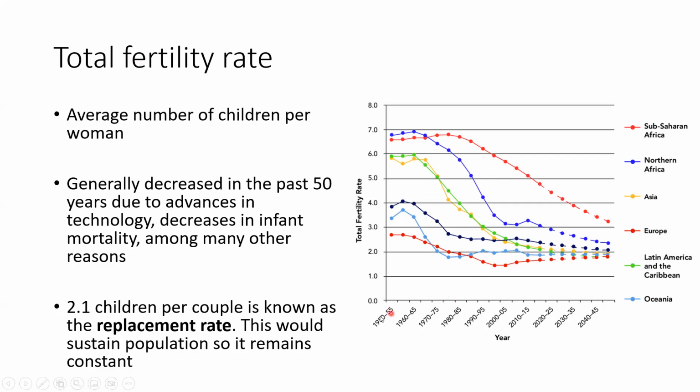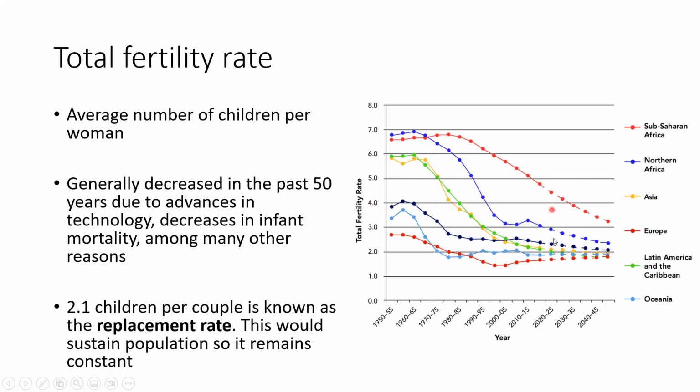And we've got it broken down here by the changes over time from about 1950, projected going forward about 30 years. And it's also split up into the different regions of the world. And you can see in general, no matter where you are, we're pretty much seeing a decrease over the past 60 years, 70 years, whatever it is.